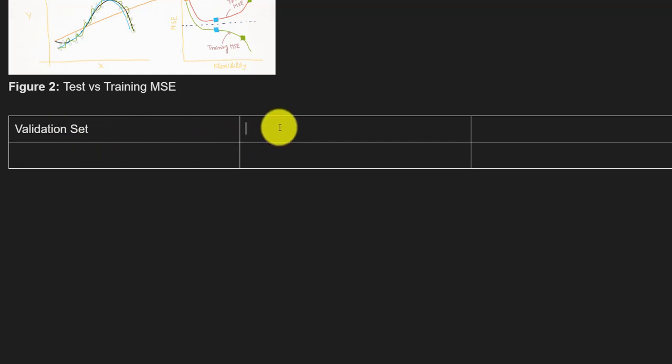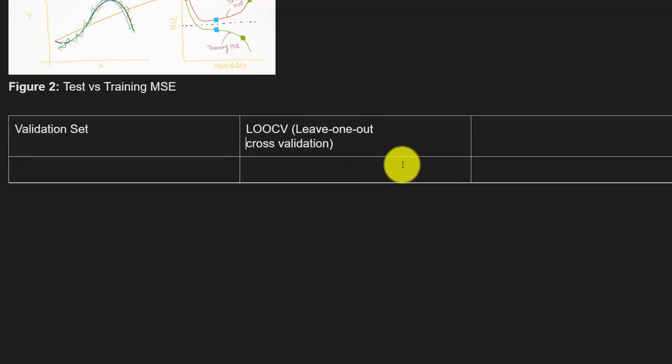The second approach is LOOCV, leave one out cross validation. I will try to maintain the space over here.